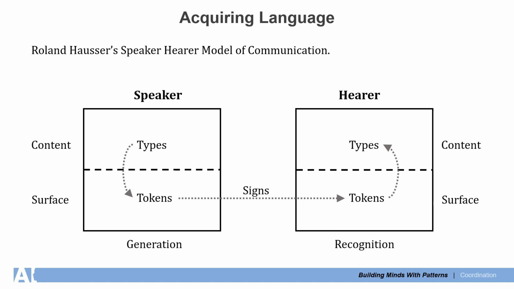The signs could be either in the visual modality, such as sign language, or in the speech modality, as speech, or in other modalities as well, perhaps Morse code. The hearer recognizes the signs, converts them to surface tokens, and then the surface tokens are converted back into content types.